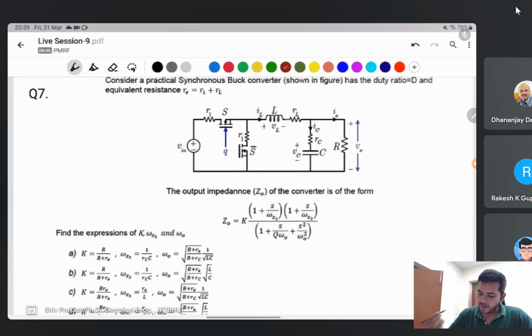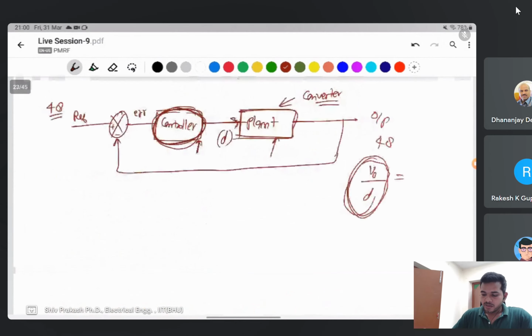So to find the transfer function of any converter, you should do a small signal analysis. Because the converter is not a purely linear system, some non-linear parameters also occur in the converter.